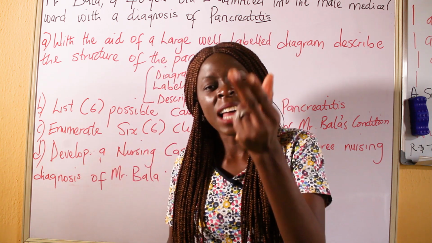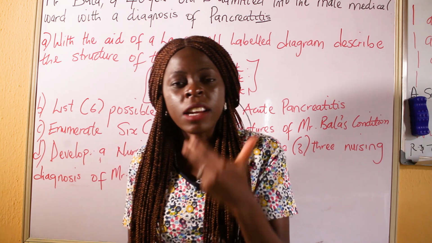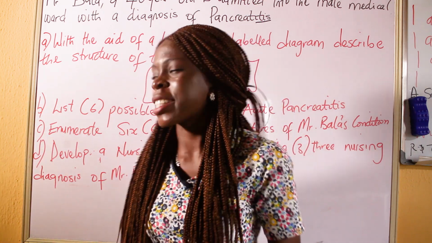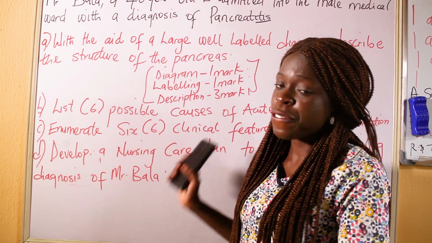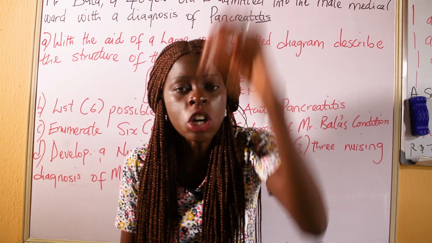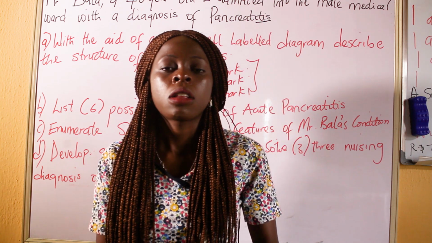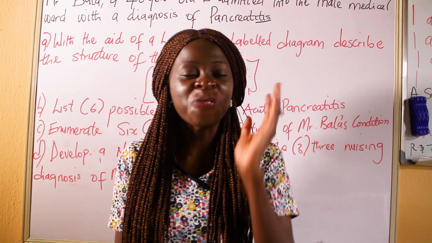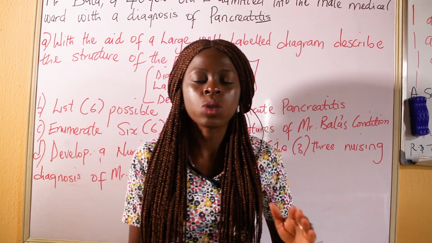And as far as there is anorexia, nausea, vomiting, there is going to be what? Weight loss. That's 6 already. I've already given 6 clinical features without having full knowledge of what pancreatitis is all about. I hope this video actually helps you understand how to tackle questions.